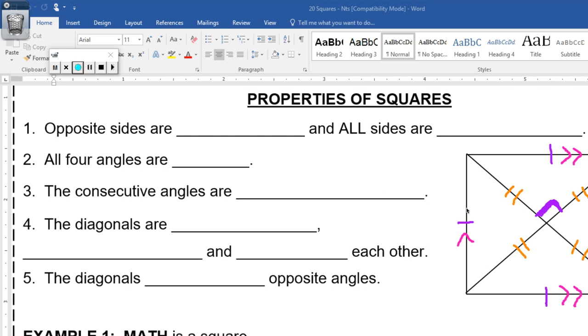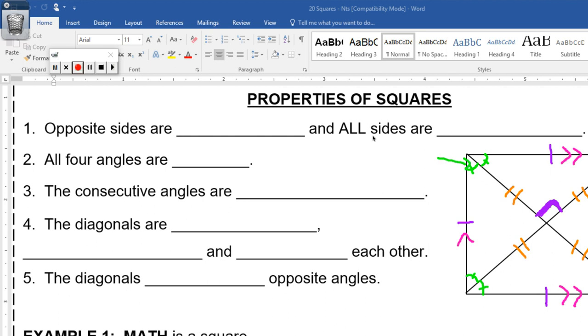I also know that my angles are being bisected, so that means that the angle is going to be cut exactly in half. So that is going to be equal to that. Because all of the angles are right angles, that makes each and every one of these 45 degrees.